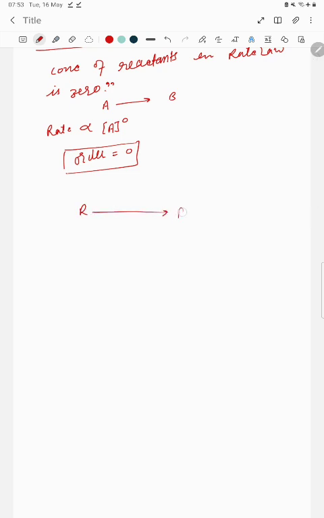Reactant is going to give product, so in terms of the reactant we have to write rate is equal to minus dR by dt, the very small change in the concentration of reactant divided by dt. It will be equal to k, R power 0. This is the expression of the rate law.